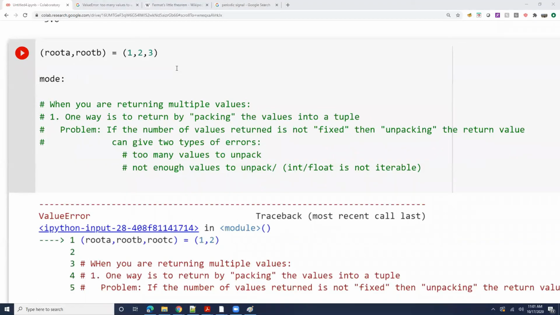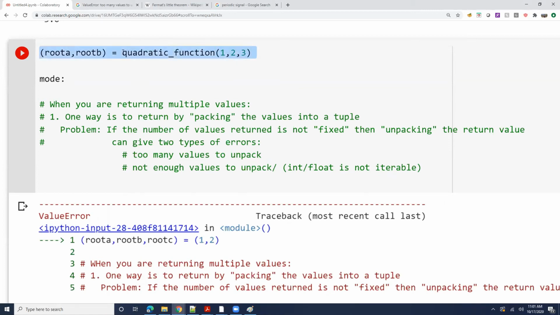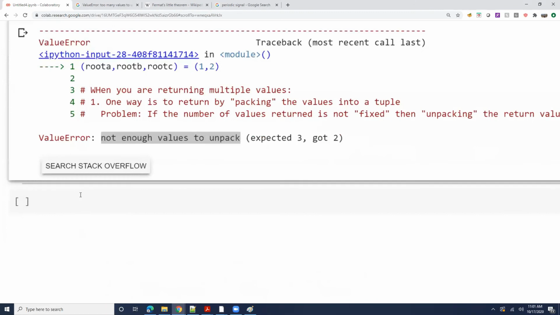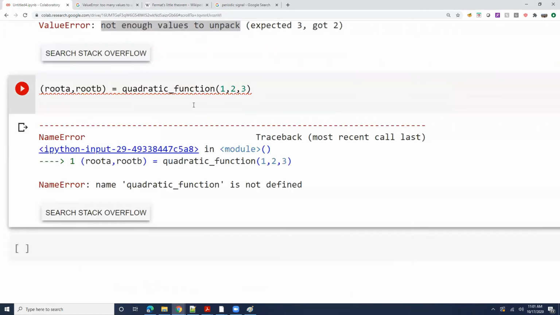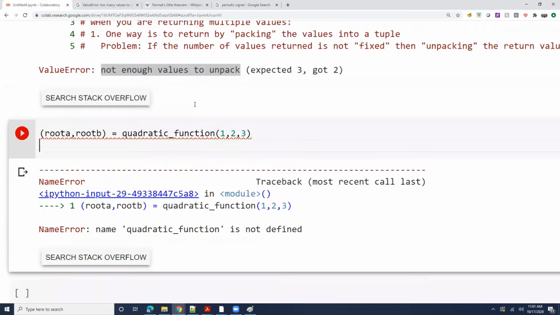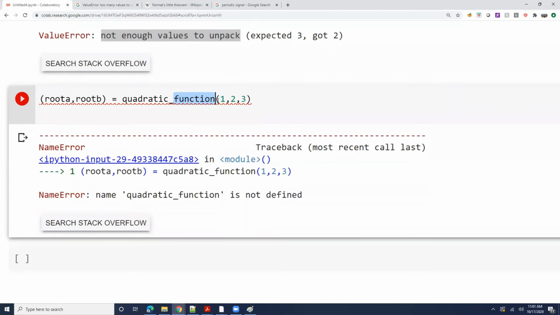But if you had the quadratic function 1, 2, 3 equal to root a, root b, it would work, right? If I did quadratic function of 1, 2, 3, then it should work because that one will return two roots. Oh, did I make a typo? Quadratic solver, sorry, I called it quadratic solver.